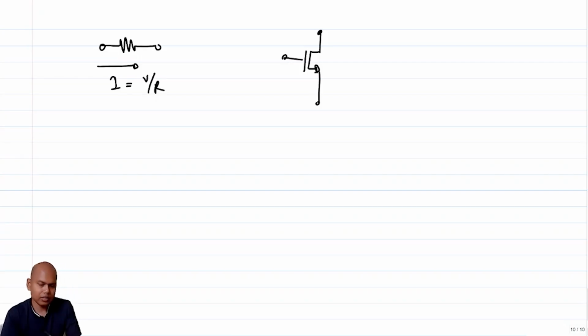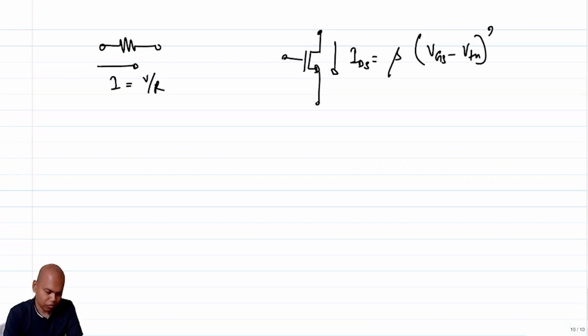So clearly, this is not a linear device, because your IDS is some constant times VGS minus threshold voltage whole square, assuming square law, right? In a realistic MOSFET it's much more complicated, but assuming square law, this is your output current to voltage conversion.